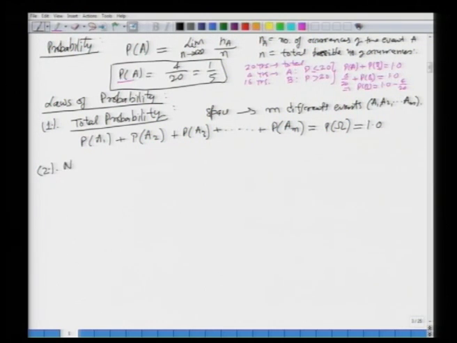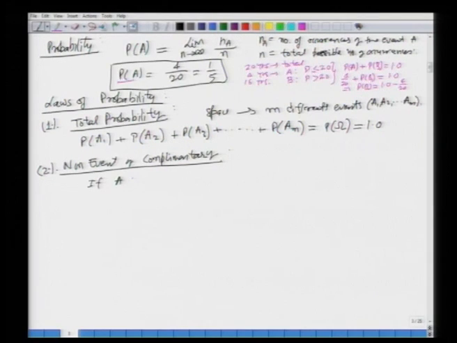is what is called the non-event law, or complementary law, or complementary probability. Okay.